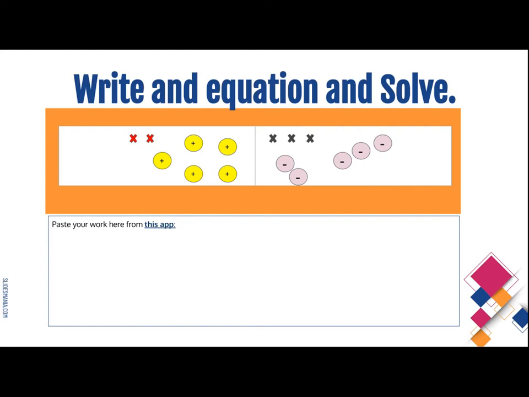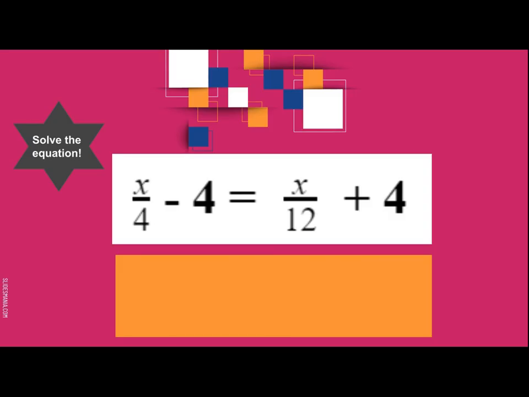You can use the app there to help you work out your equation and solve it, and then you can take a snapshot of your work and paste it onto the text box. The last one is one of our fraction problems that we've been working on this week. Try this one on your own. If you would like to use the previous app to help you work this out, please do so and take a snapshot of your work and paste it in the text box below.